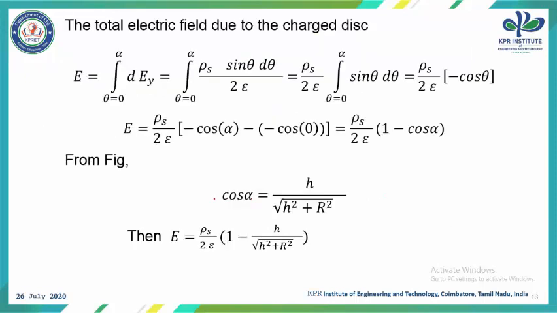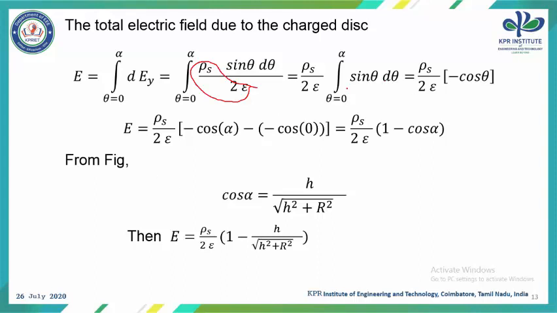Now you want to apply the integration. E equal to integral of theta from 0 to alpha of dEy. Now what is the dEy value? Rho s into sin theta into d theta divided by 2 epsilon. Here this constant term is taken out. So rho s divided by 2 epsilon into integral of theta from 0 to alpha of sin theta d theta.